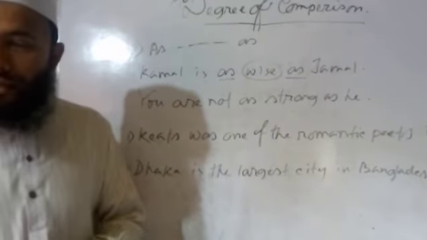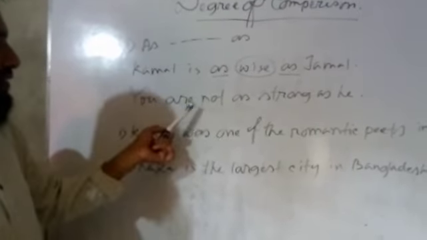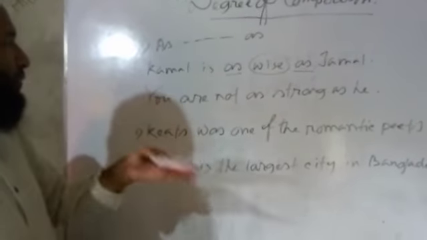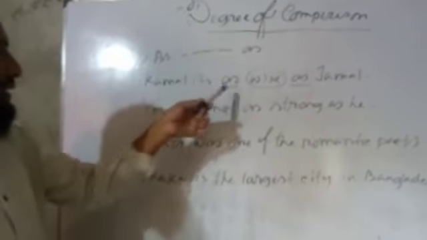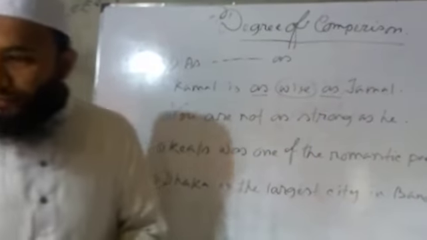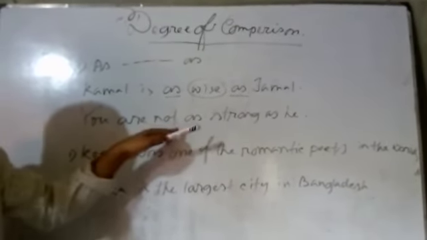Learners, remember that in case of "as", if the sentence in the positive degree is affirmative, then in the comparative it will be negative. And if in the positive degree the sentence is negative, then in the comparative it will be affirmative.